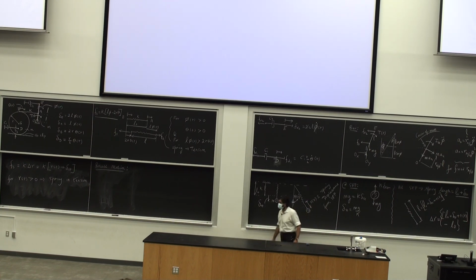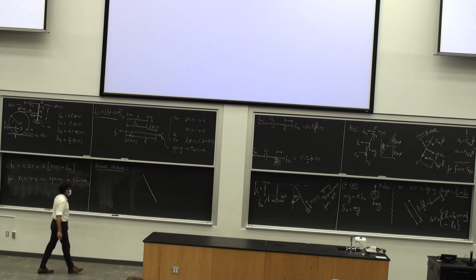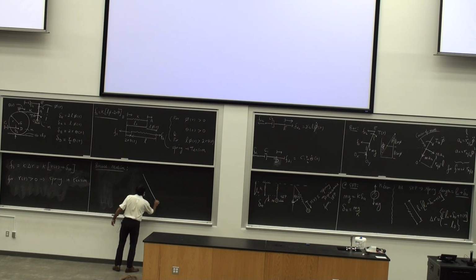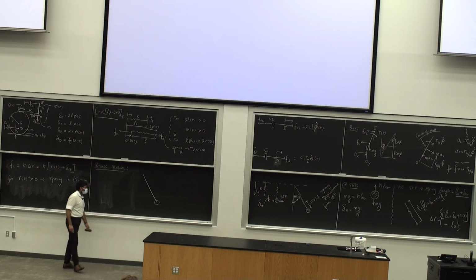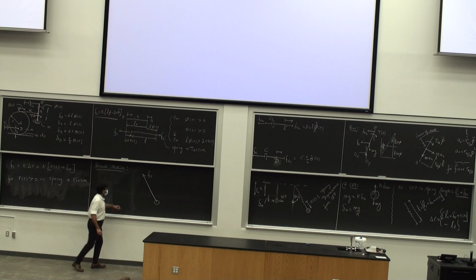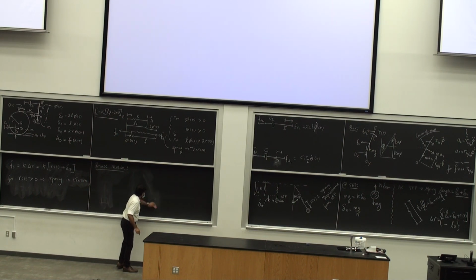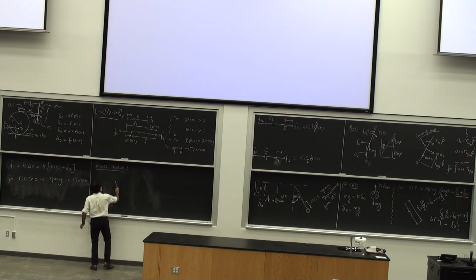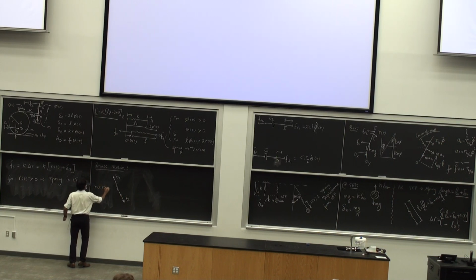Okay. Free body diagram. That's an arbitrary theta. This is the mass, spring force, Fs, maybe spring first. For r of t greater than 0, spring is getting stretched.